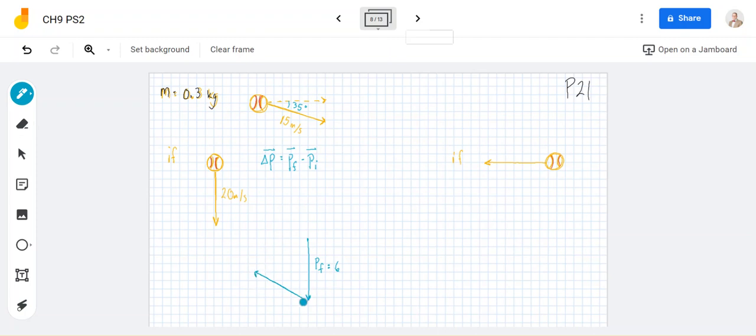Now think about this. This is to the left and up. So this is 15 times 0.3, so this is 4.5. So that's the negative, it's the opposite of the initial.